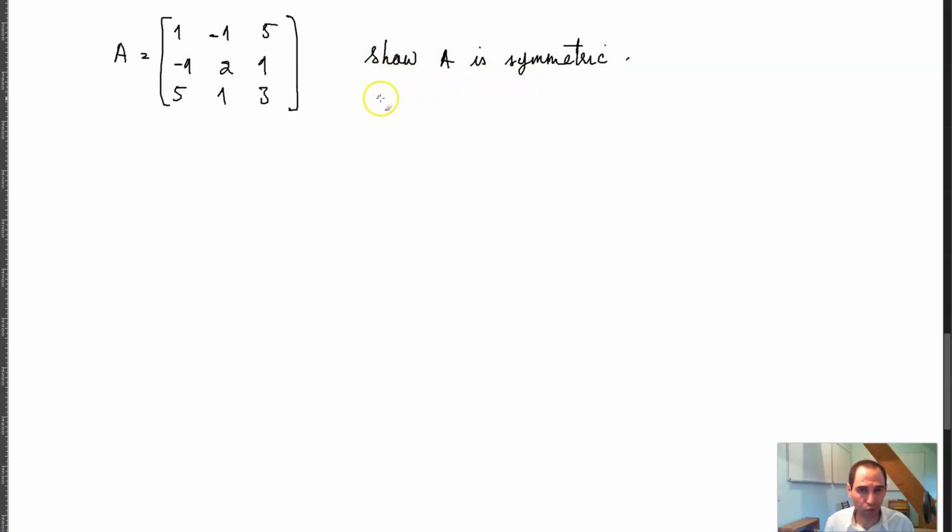If you have a square matrix, suppose that A is a square matrix, and if A prime is equal to A, then that means that A is a symmetric matrix.